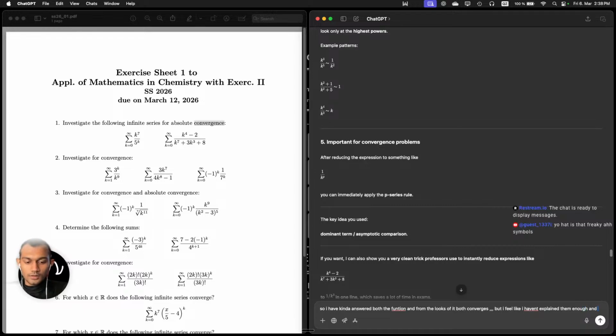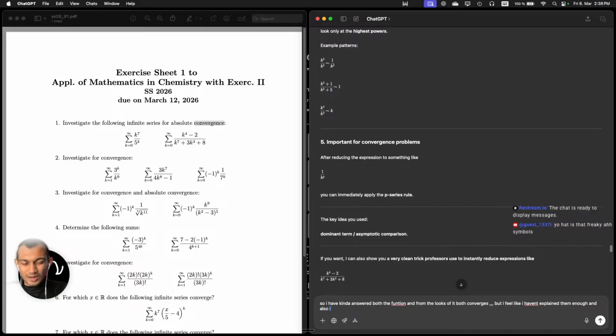Also, I'm a bit confused about absolute convergence and convergence. Does it matter, or are they just the same terms?